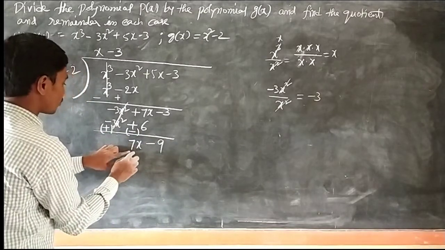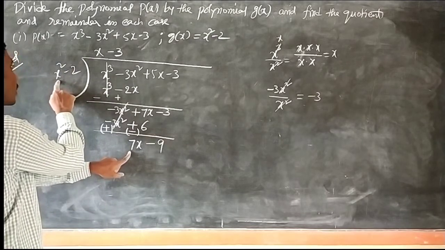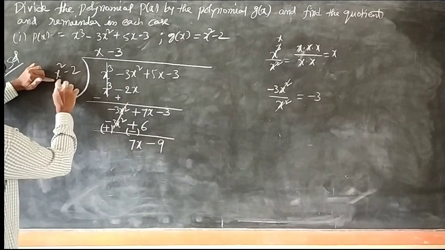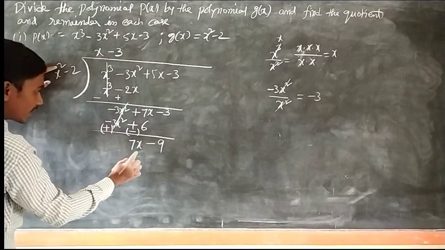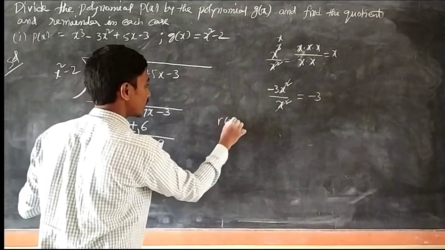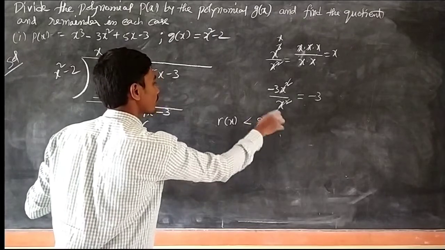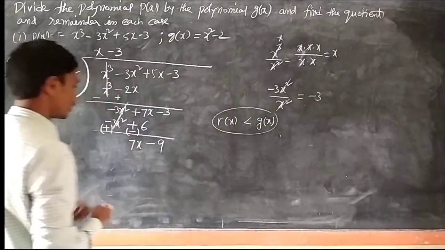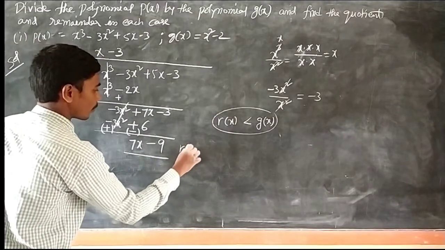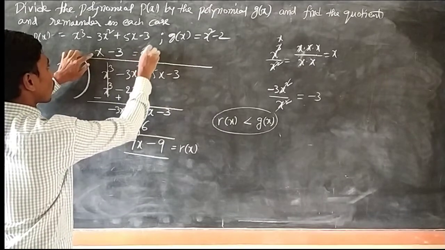If you take this term, you cannot divide it with the x square, because at the end you have to observe the x square degree is 2, remainder degree is 1. If the remainder degree is less than the g of x, this is the remainder, then 7x minus 9 is the remainder and x minus 3 is the quotient.